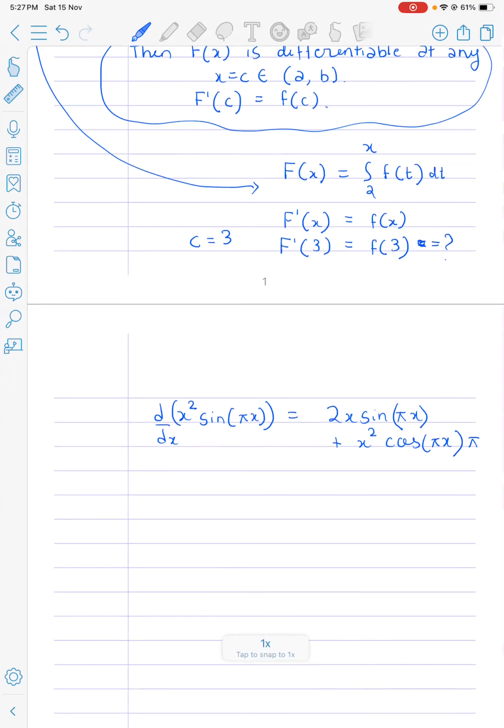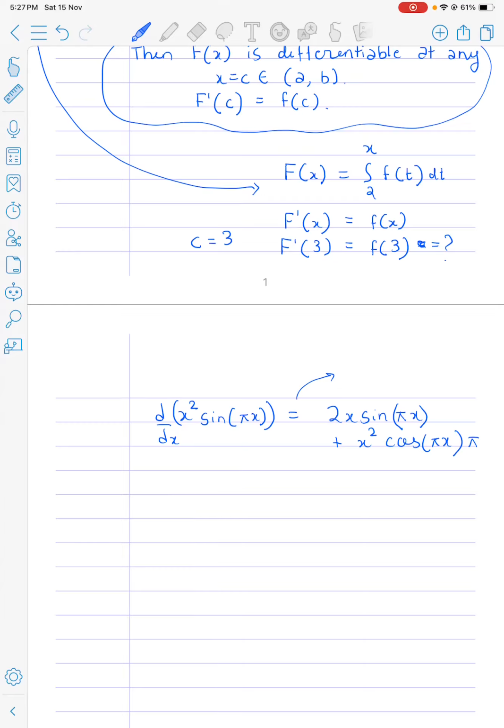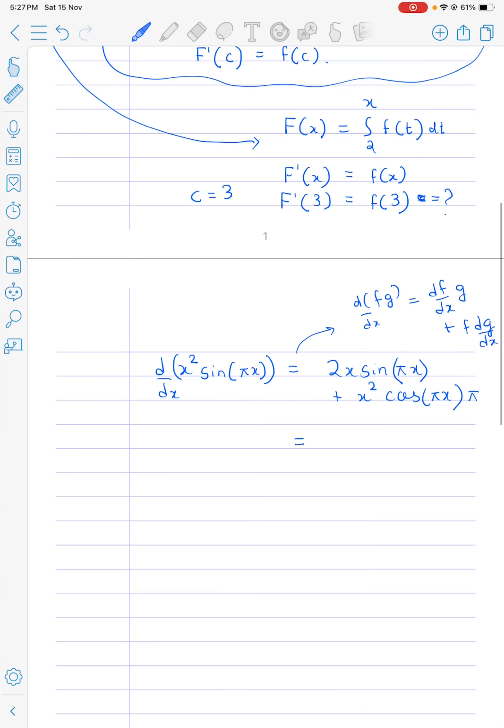I am using here the rule for differentiating, the product rule: df/dx times g plus f times dg/dx. This fact I am using.